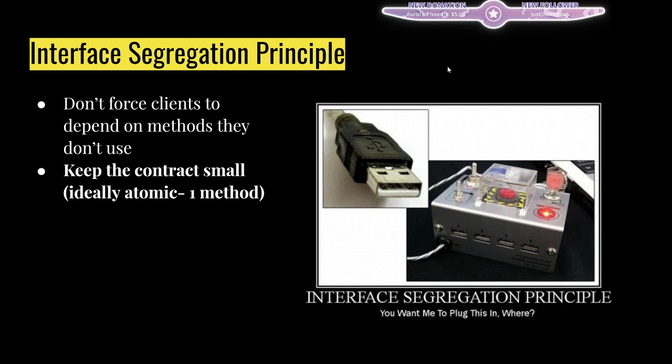It's very interesting because if we think a bit about functional programming, actually the interface segregation principle is implemented by default in functional programming, because a function is always just one. A delegate is a contract. A function is a single method that implements that delegate.